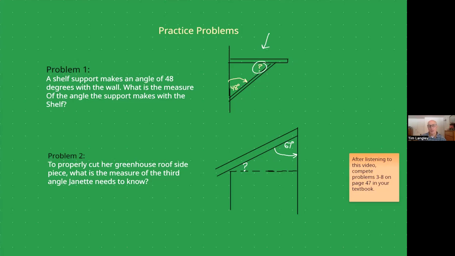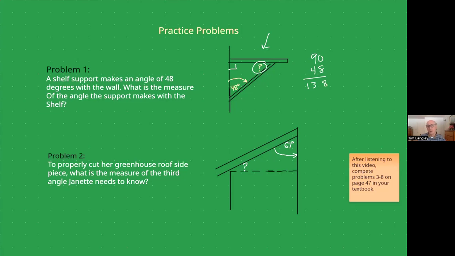Okay. Well, I think I kind of know here that this is a 90-degree angle here. So, okay, how would I do this? I could go 90 degrees plus my 48 degrees. I could add those two together and I'm going to get 138 degrees.